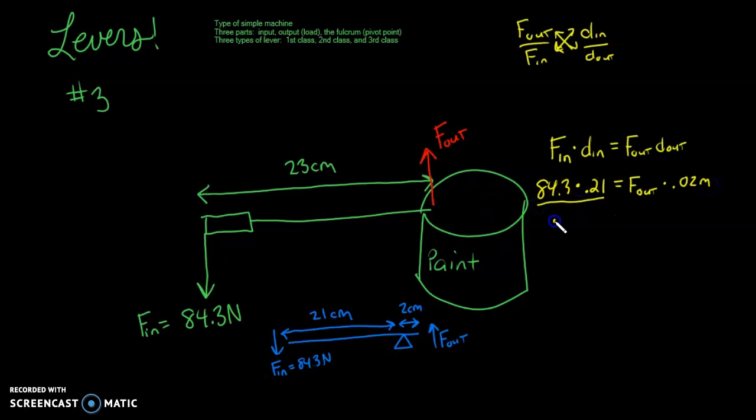So if I divide both sides by 0.02, this goes away, and I end up with F out equaling 84.3 times 0.21 divided by 0.02. I'm getting an answer of 885.15 newtons. We use 3 sig figs.